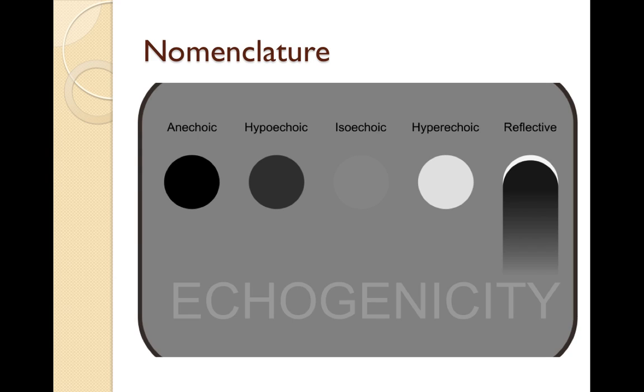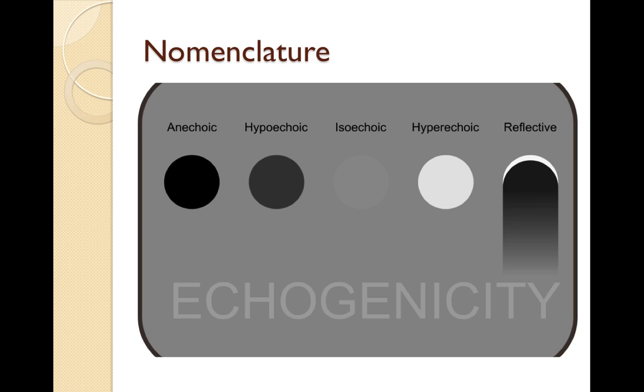If you talk about nomenclature in ultrasound, you will find words like anechoic, hyperechoic, hypoechoic, isoechoic, or reflective. These are according to the echogenicity of the tissue. Echogenicity is the property of the tissue to reflect back the ultrasound wave.